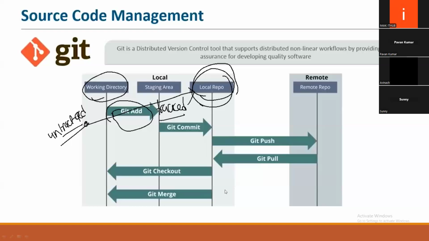For example, Sunny, Pavan, and Avinash. These three people are developing the code, for example WhatsApp code. So we have three modules: one is the status module, one is the chat module, one is the contact module.